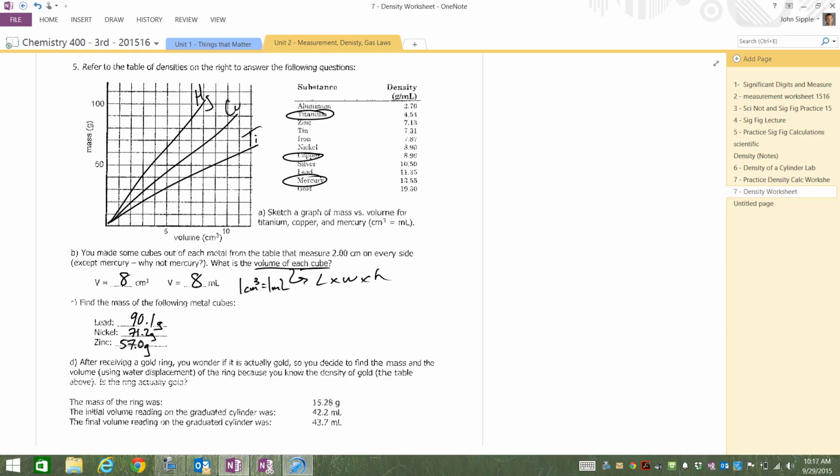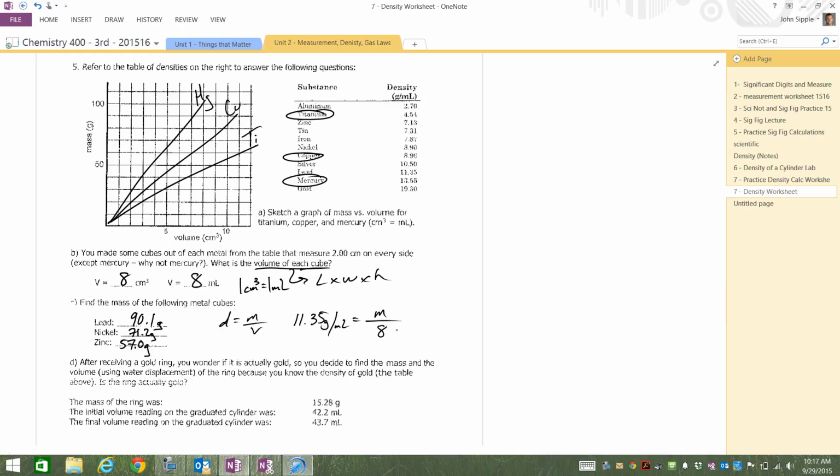Yeah, absolutely. Okay, so for lead, right? The way I'm solving this, I'm doing D equals M over V. For lead, I know the density of lead is 11.35 grams per milliliter. Don't know the mass, but the volume is 8. We're thinking we've got to find the mass of the following metal cubes.